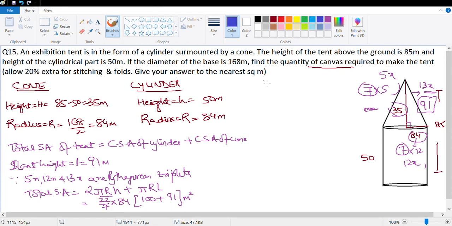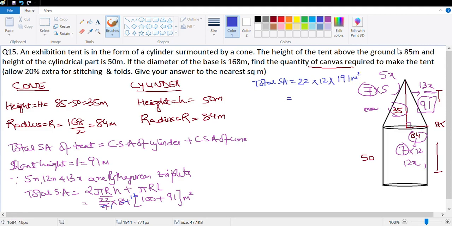So total surface area would be equal to, that's 7 into 12, so this is 22 into 12 into 100 plus 91, that's 191 meter square.